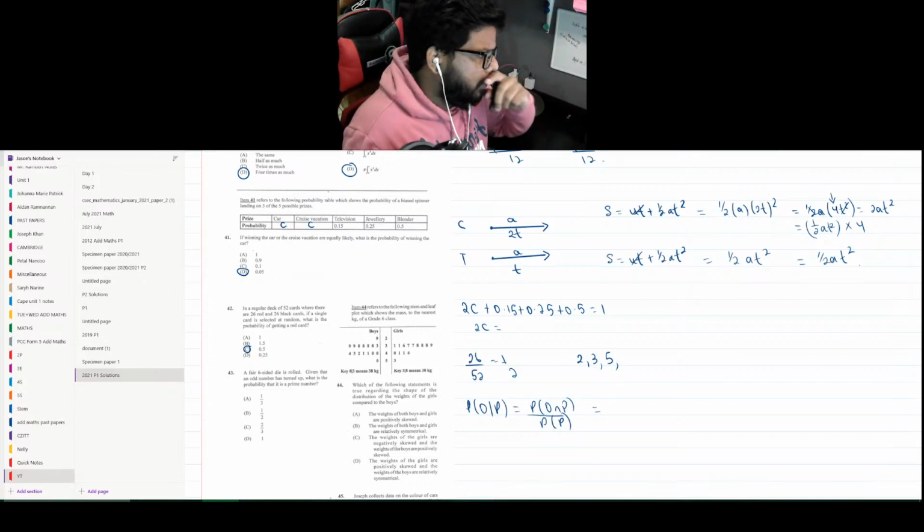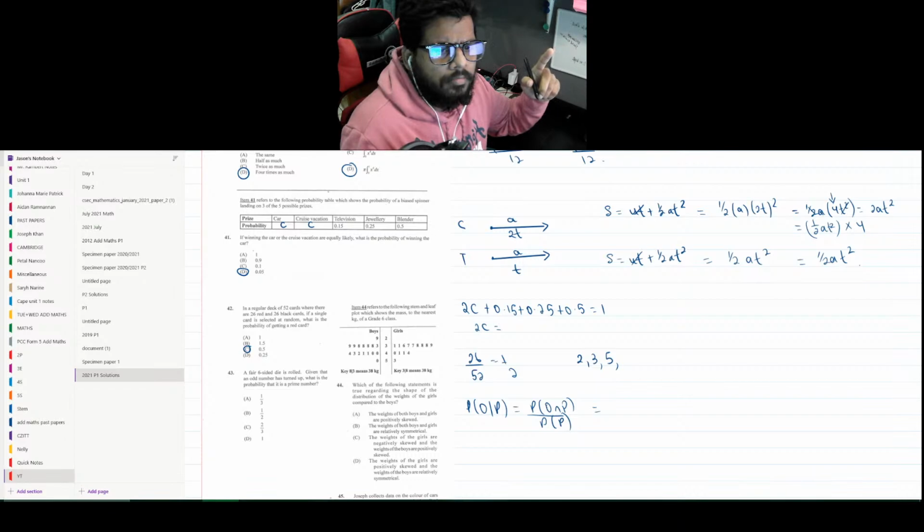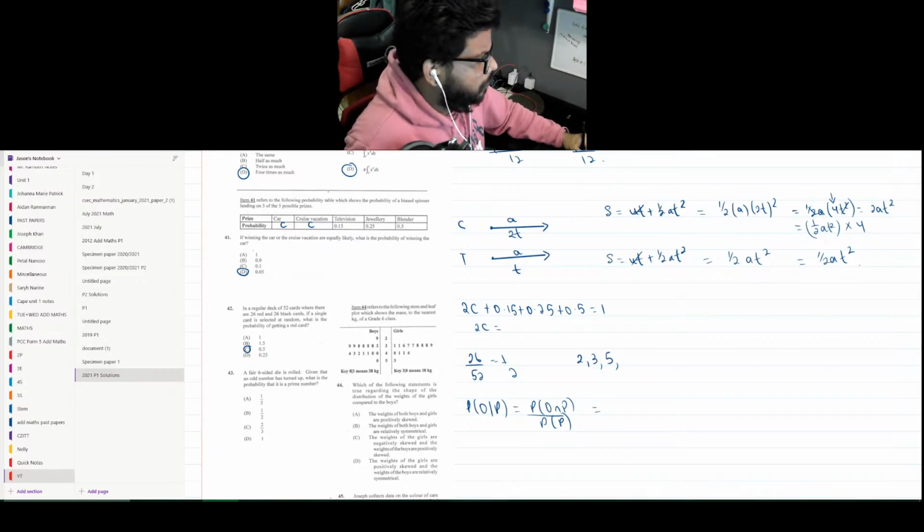The probability that it is an odd number: well, it could be 1, 3, 5 for odd numbers. That would be a half.